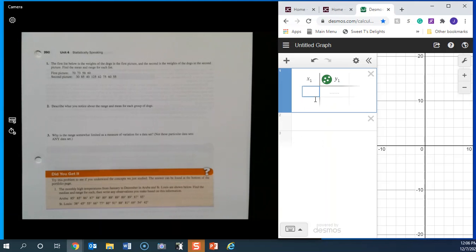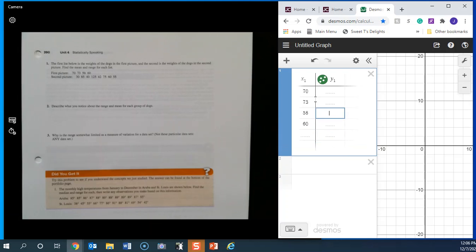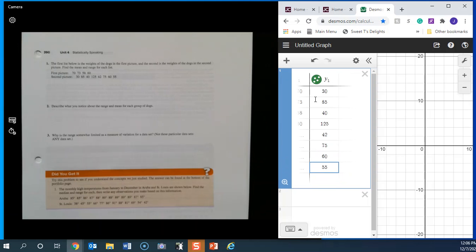Now in the X1, we could put in the first picture results, which is the 70, 73, 58, and 60. Now we can make Y1 the second picture, which is the 30, the 85, the 40, the 125, the 42, 75, 60, and 55.